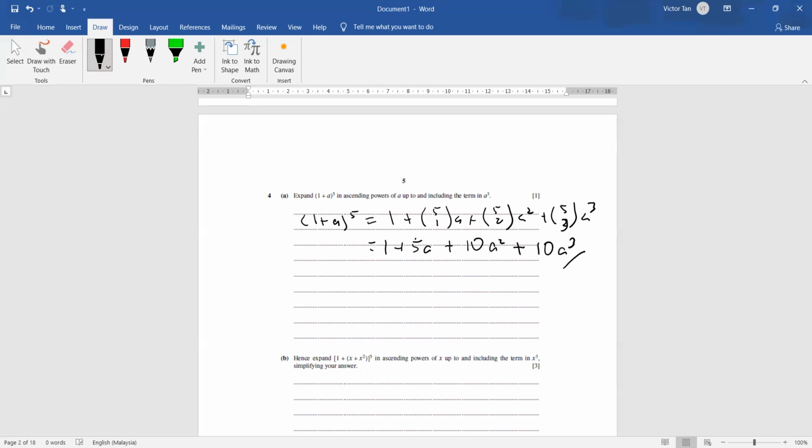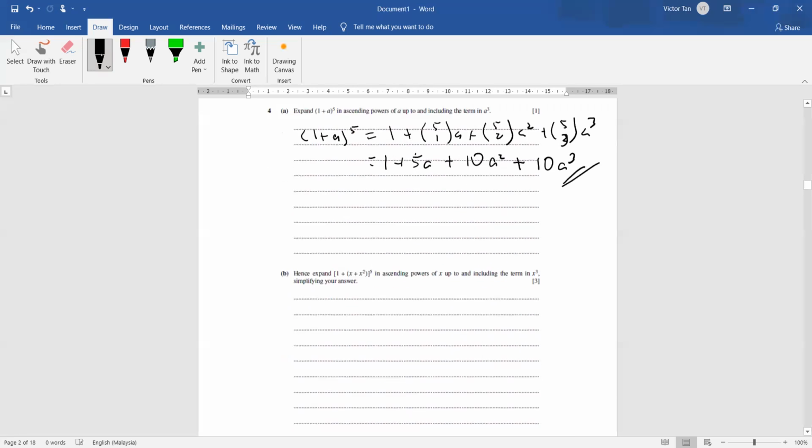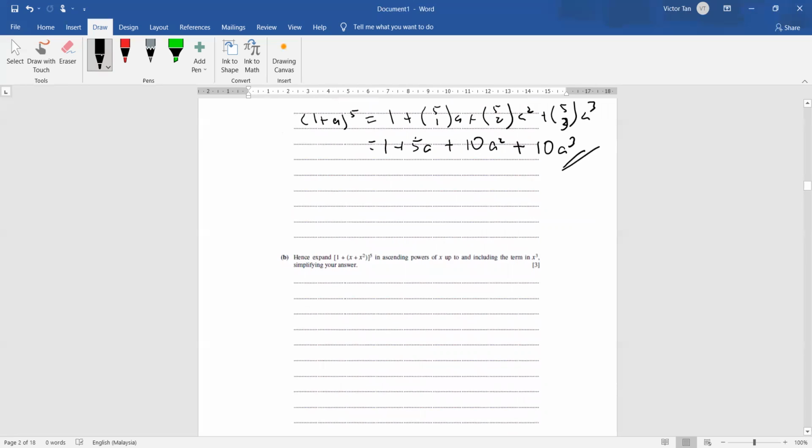That's it. Hence, expand 1 plus x plus x squared to the power 5 in ascending powers of x up to and including the term x cubed. So in this instance, put a as x plus x squared.